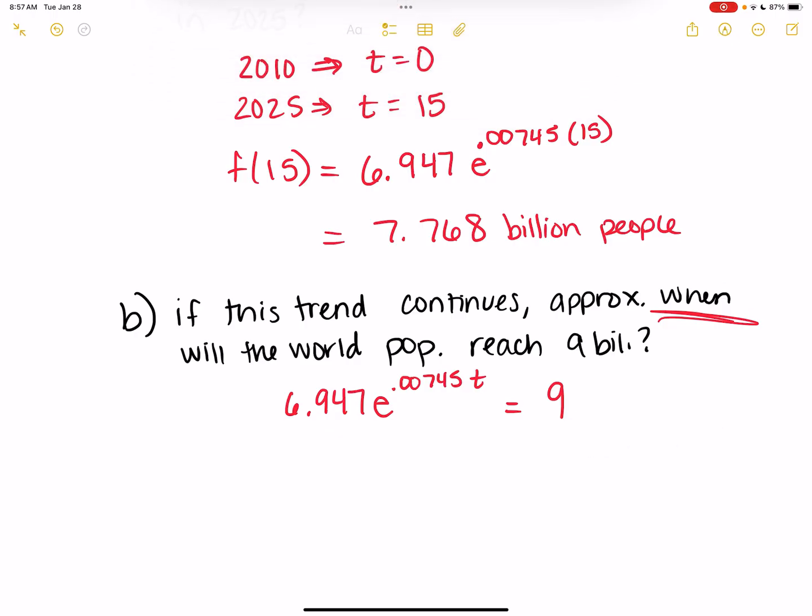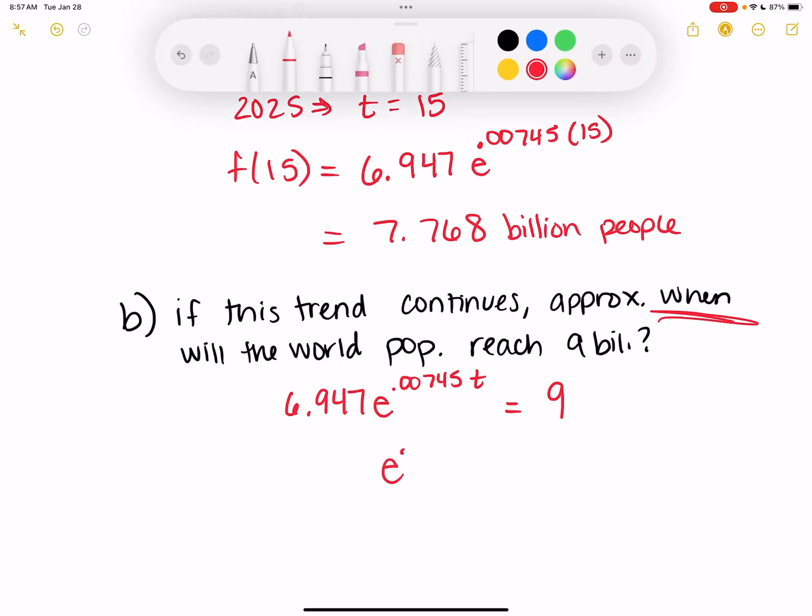So first thing I'm going to do is divide by this 6.947. So e to the 0.00745 t equals 1.296. And that number keeps going. I've rounded it. So now we have an exponential. I'm going to use a log to do it.